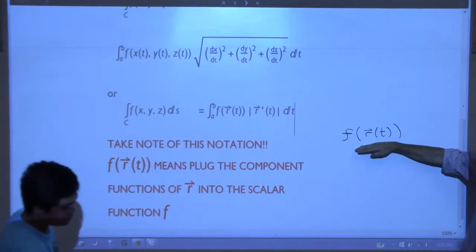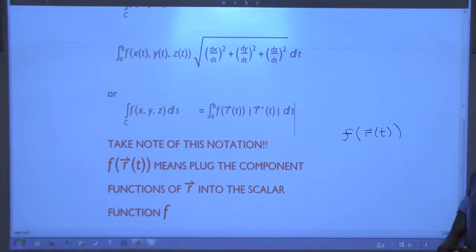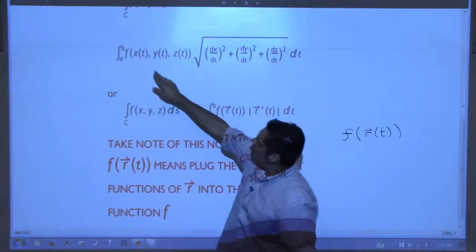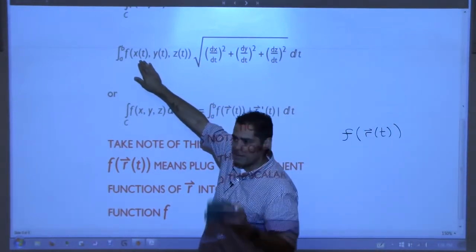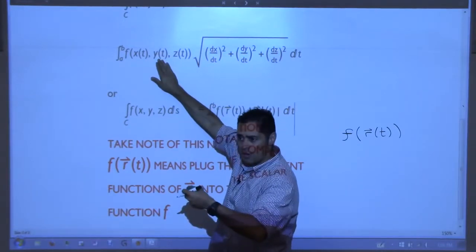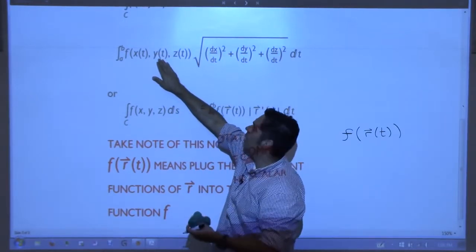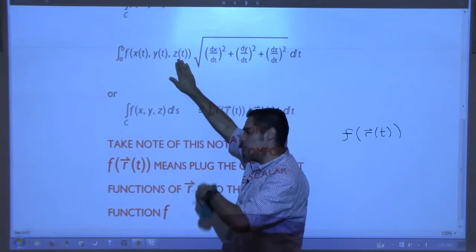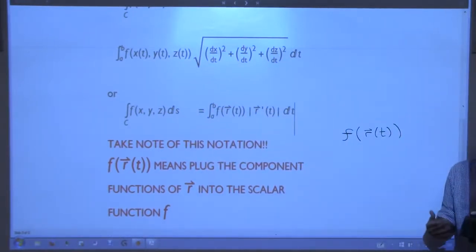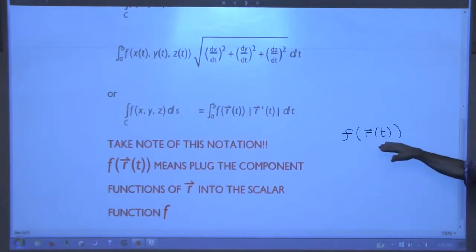What this actually represents is you're going to take the x component and plug it into the x on the scalar function, the y component of the vector function r of t, plug it in for the y, and then the z component function, plug it in for the z. It's weird to plug a vector function into a function, so we have to understand what it means when you write this down.